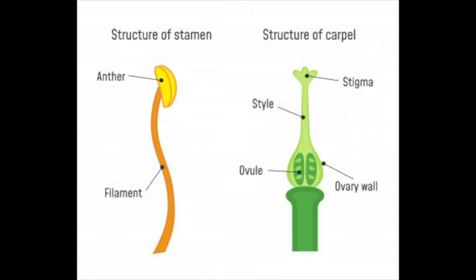Then there's a style that goes all the way down to something called the ovary wall. And inside the ovary wall are lots and lots of ovules, little eggs. So what happens is that the pollen goes over to the stigma, goes down the style, and then goes to the ovules where it forms the seeds, where it combines together.